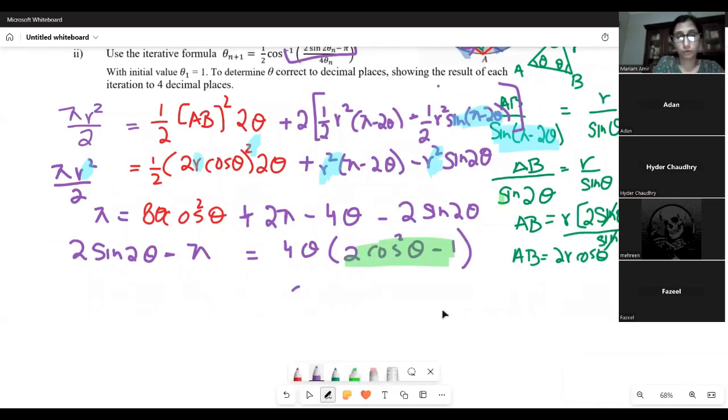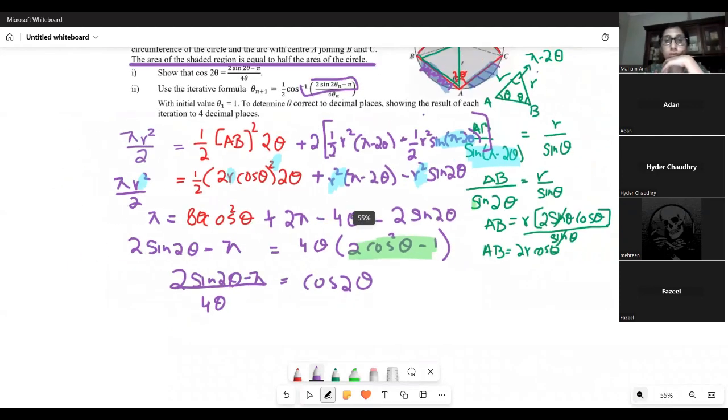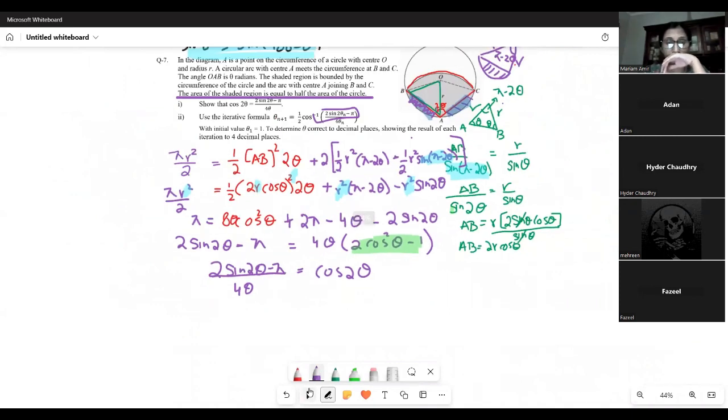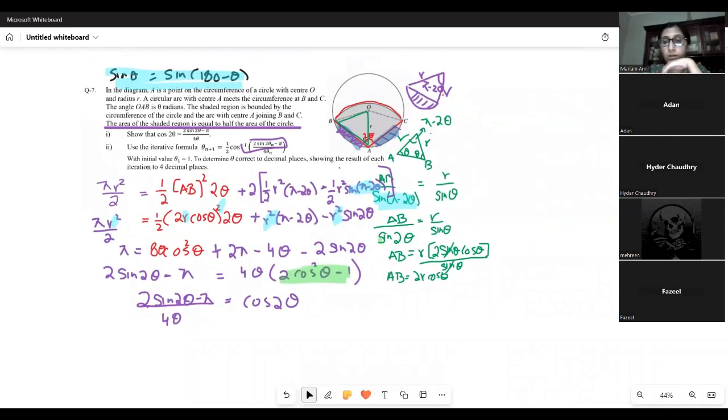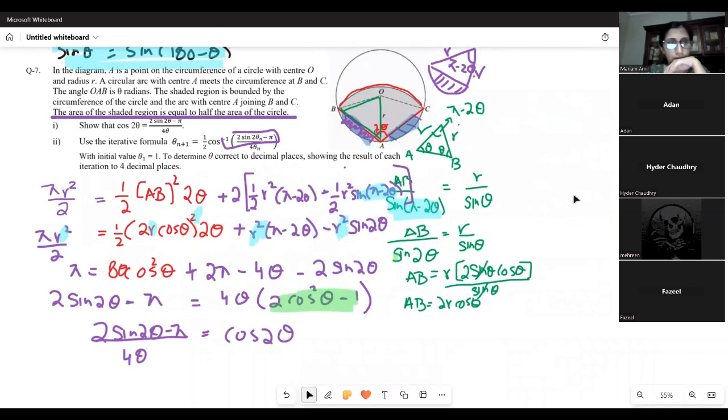So this becomes cos 2 theta, and the 4 theta goes to the denominator, and we have 2 sine 2 theta minus pi. I think this is what we had to show. हम इसके ठीक ठाक मार्क्स होंगे इस पार्ट के. Okay. Yes, this is what we had to show. Cos 2 theta equals 2 sine 2 theta minus pi over 4 theta.